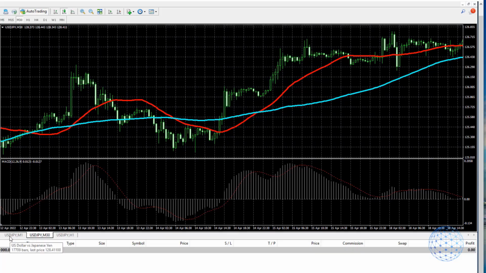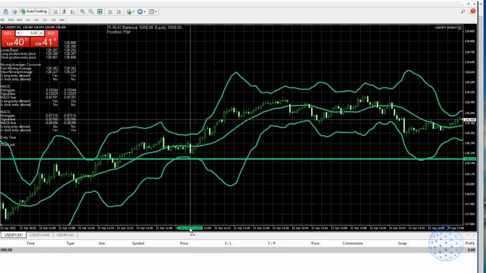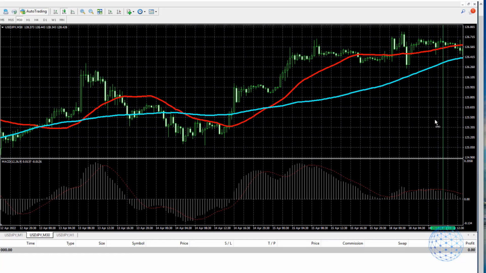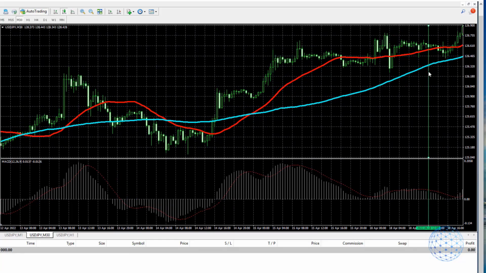And let's see at this moment, this was today at 12 o'clock. So let me put one vertical line today at 12 o'clock. Here it is. Actually, it is the previous bar. And absolutely, at 12 o'clock we have the confirmation because the red line is above the blue line.